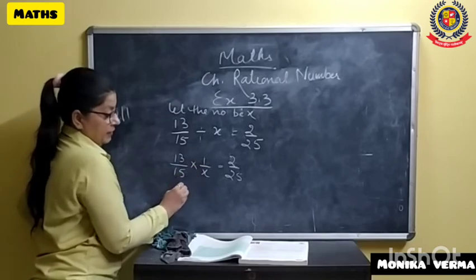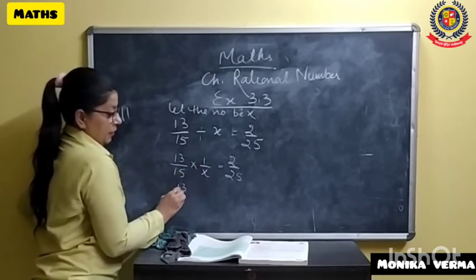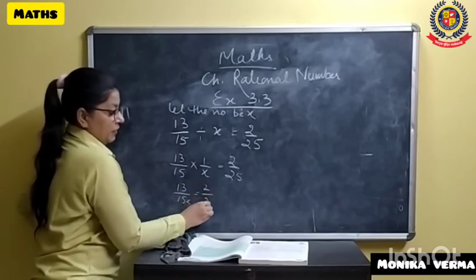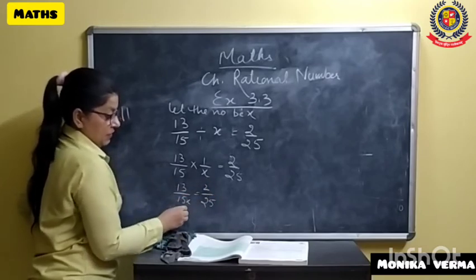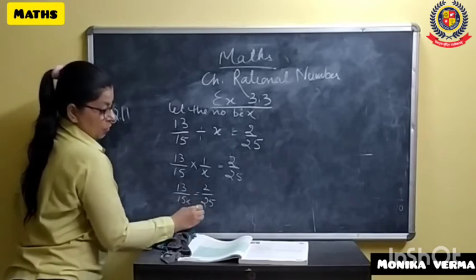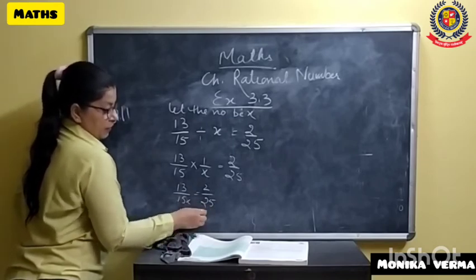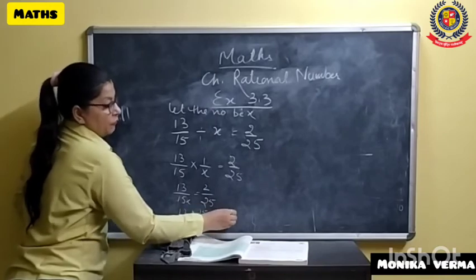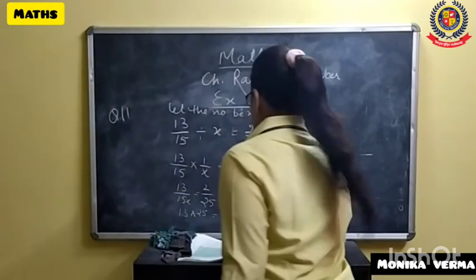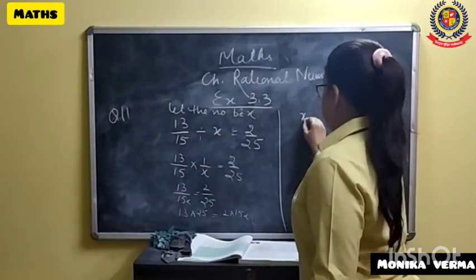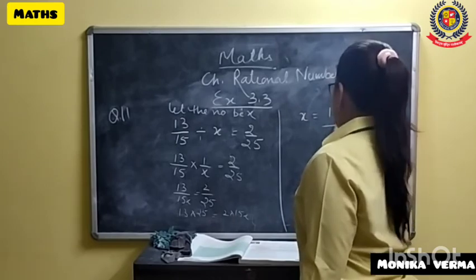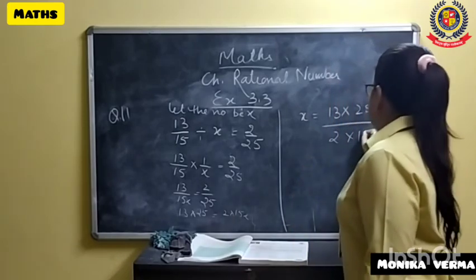Now we can write 13 upon 15x is equal to 2 by 25. Now we can do cross multiplication. 13 into 25 is equal to 2 into 15x. We can write x is equal to 13 into 25 upon 2 into 15.